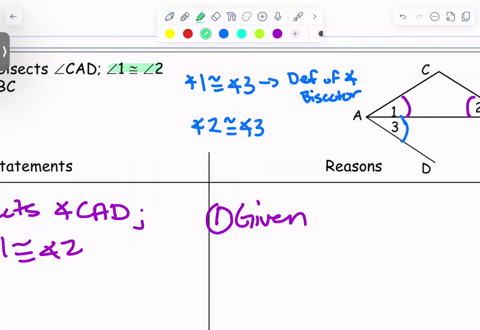We figured out angle 1 is congruent to angle 3. If angle 1 is congruent to angle 2, and angle 1 is congruent to angle 3, then angle 2 must be congruent to angle 3. Does that make sense? And that is the transitive property.